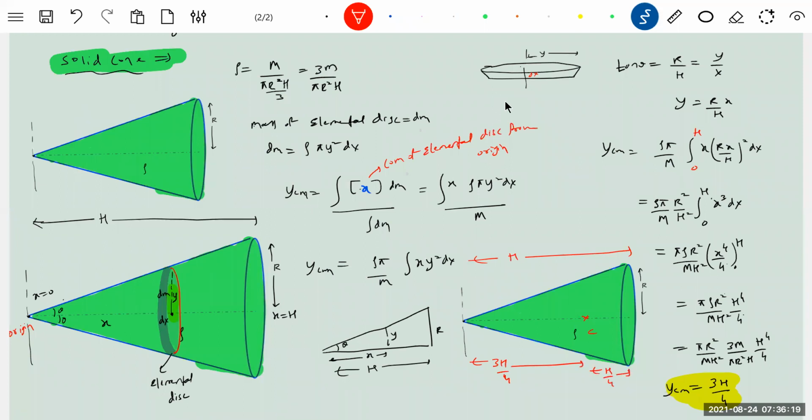Any reason? Because more mass is present in this region than this one. So definitely the center of mass should lie near the heavier region where more mass is located. Look at this, here the mass is distributed more, no? So the center of mass will lie near the heavier region. These are some cross checks we have to do.